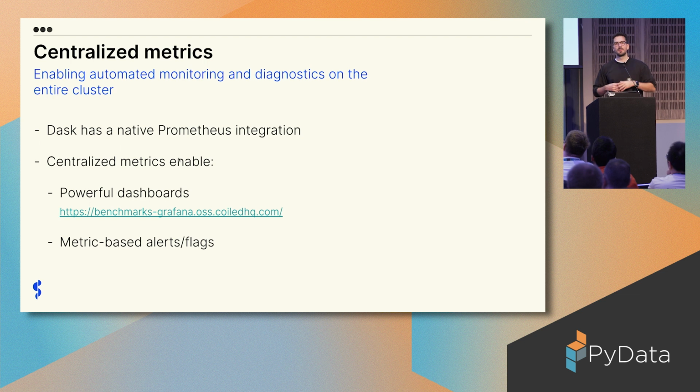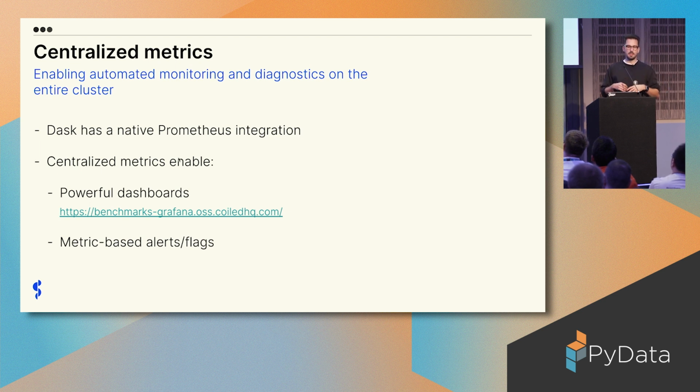Now, similar to centralized logging, you also want to centralize your metrics. We have the same problems. If the worker dies, we can't access any metrics that the worker might have stored somewhere in memory. For that, Dask has a native Prometheus plugin. And what that does is that it allows Prometheus, which is a metric time series database, or any compatible system really, to continuously poll the cluster for metrics.